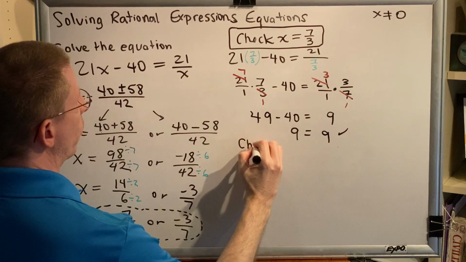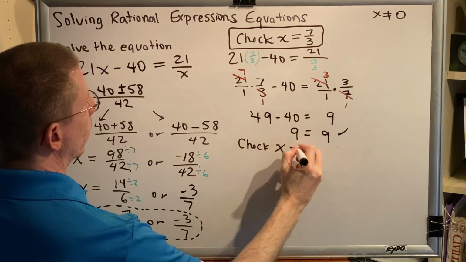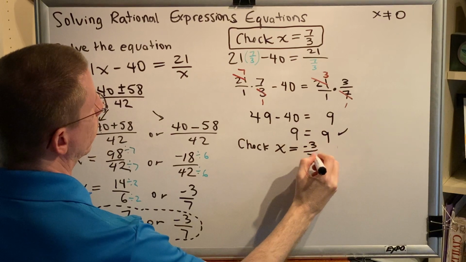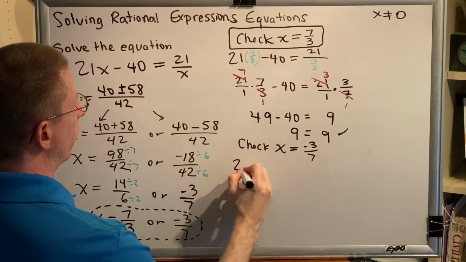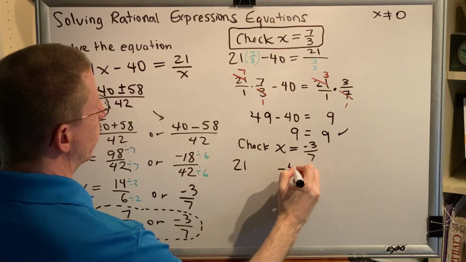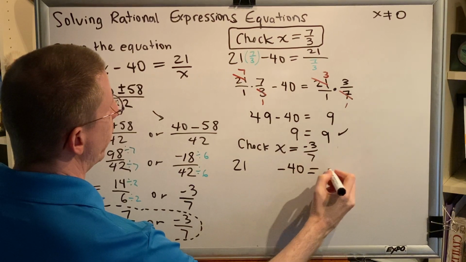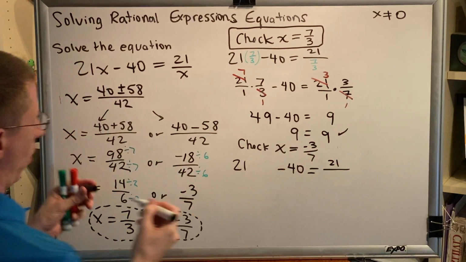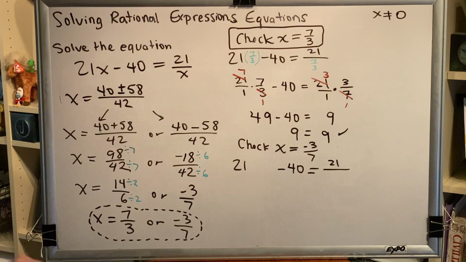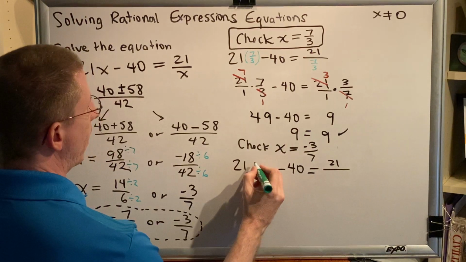Now I just have to check the other one. We'll use the same method. 21x minus 40 equals 21 over x. Everywhere there used to be an x, we're going to put negative 3/7.